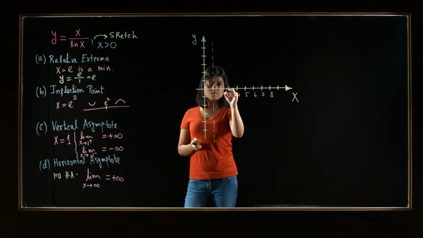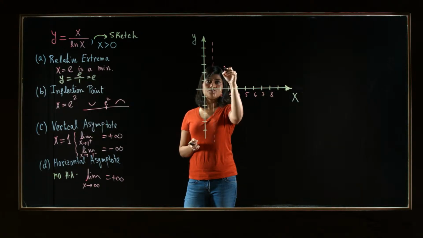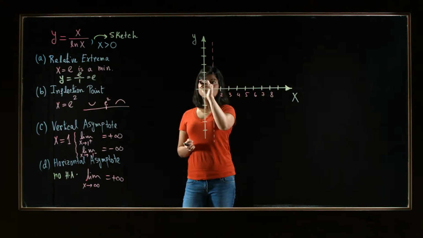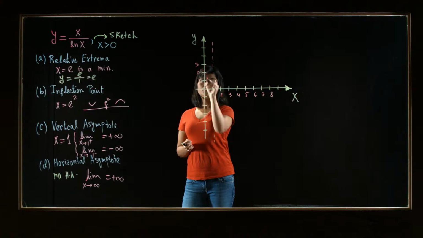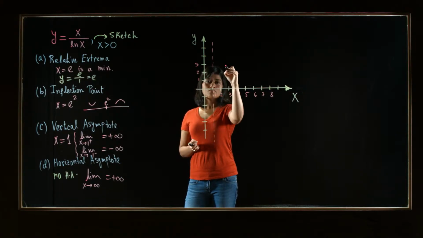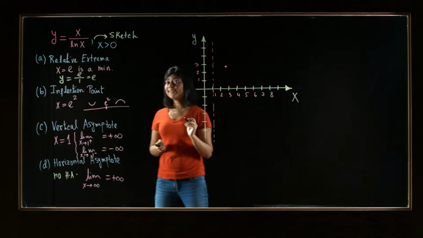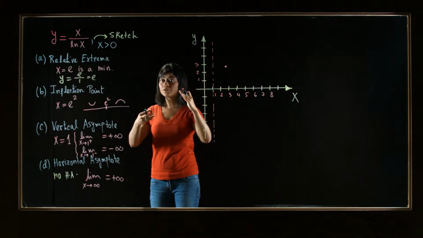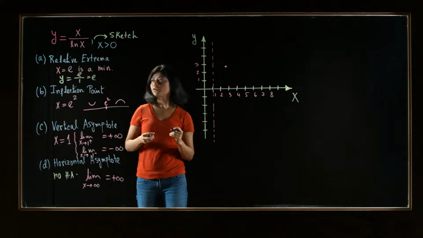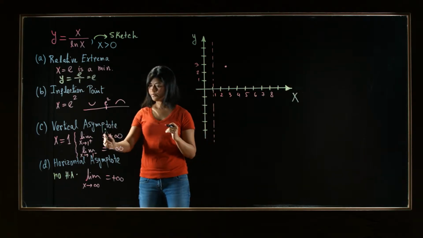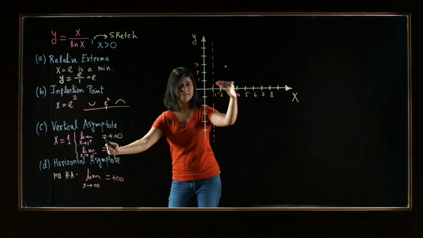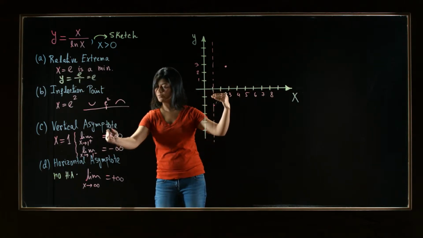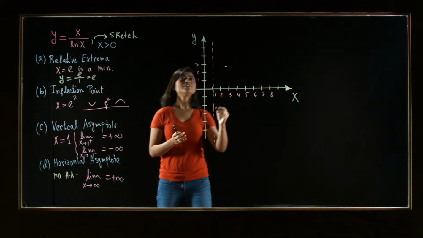So let's see, say about 2.7 and a 2.7 up here. So about this point will be a relative min, and that means it's a point on the graph of this function. Okay, let's see. From the right side, as x is approaching 1, the function is approaching positive infinity.